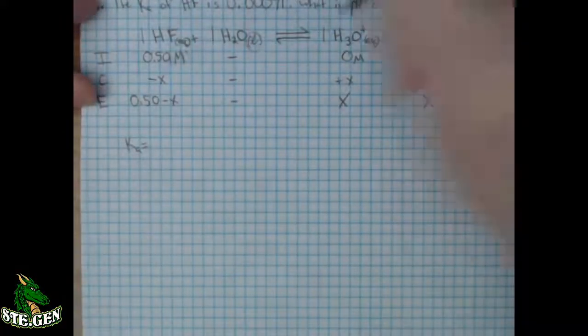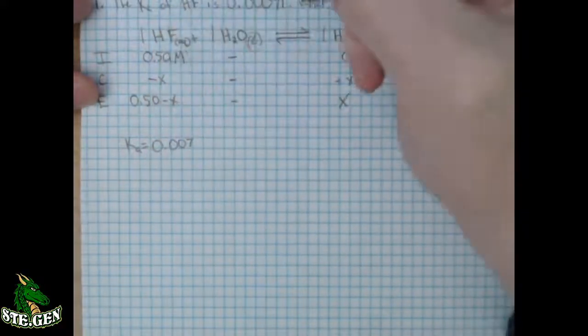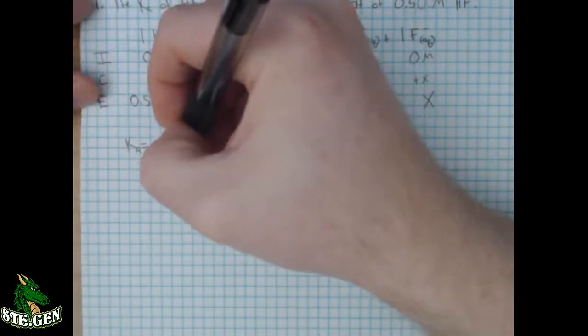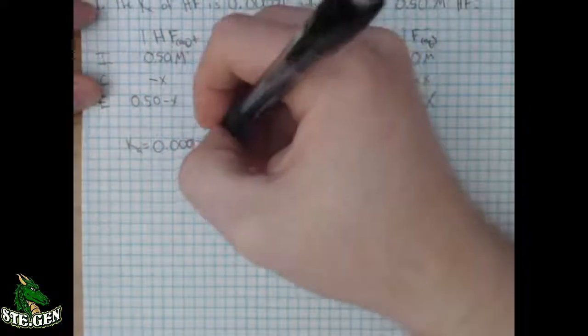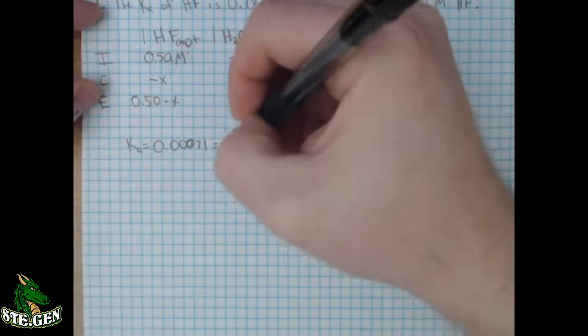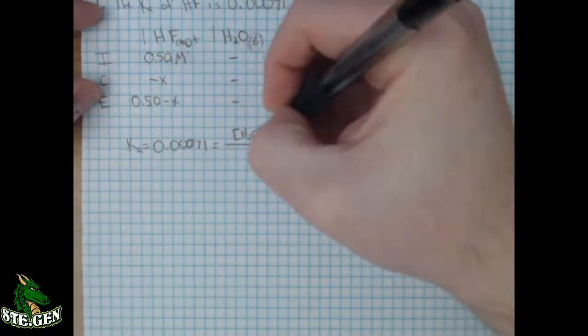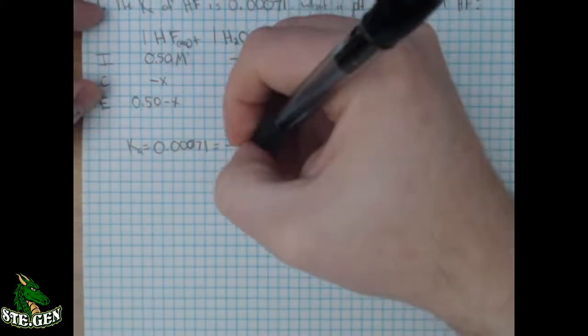Our Ka is 0.00071. I did too many zeros, now I'm doing too few. And then it's going to equal, we put products, so it's going to be H3O plus times F minus over HF.